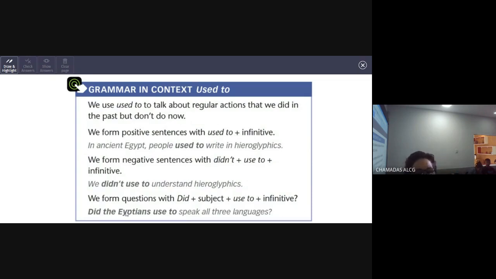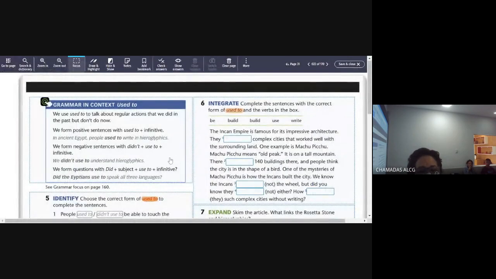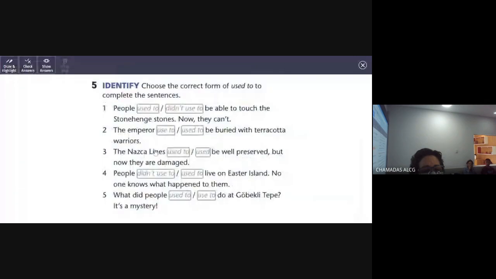So did the Egyptians use to speak all three languages? So the rule to make questions and to make negatives is the same as the rule we use for the simple past. The verb comes back to normal. So used to becomes use to. Okay, guys? The same rule applies. So let's practice here.